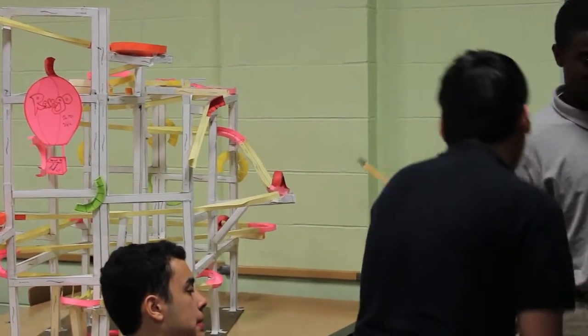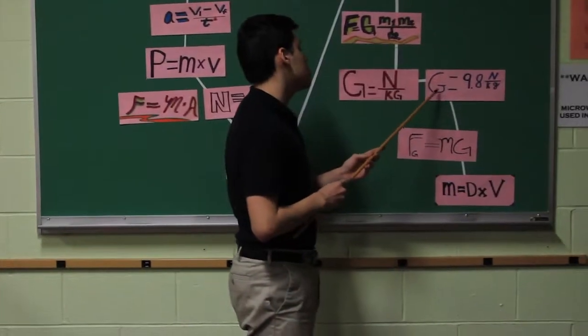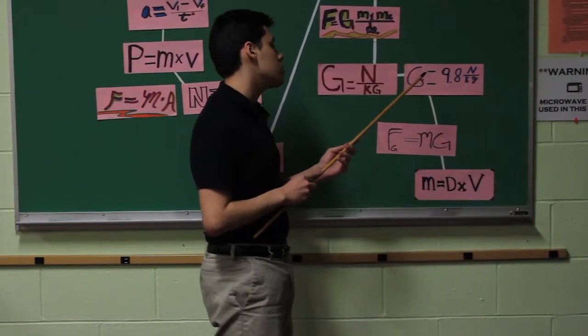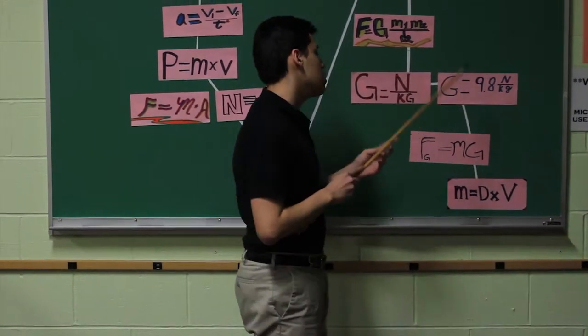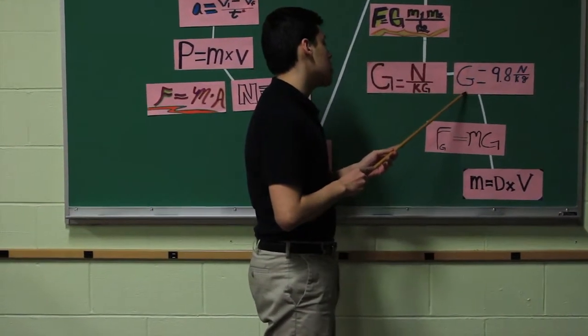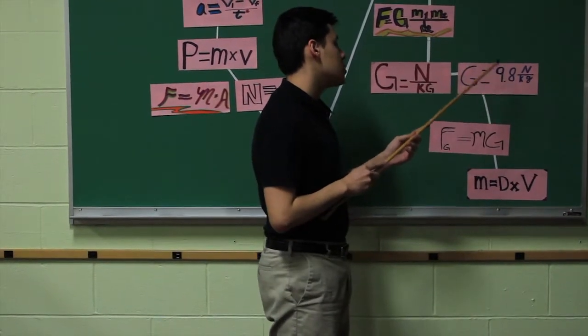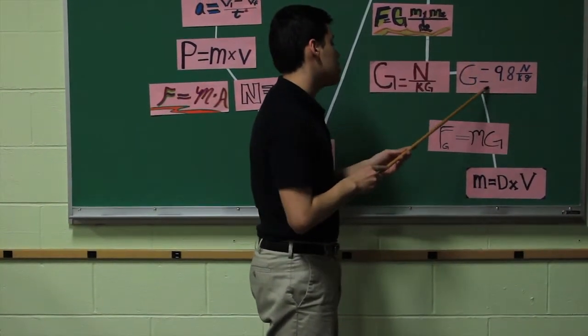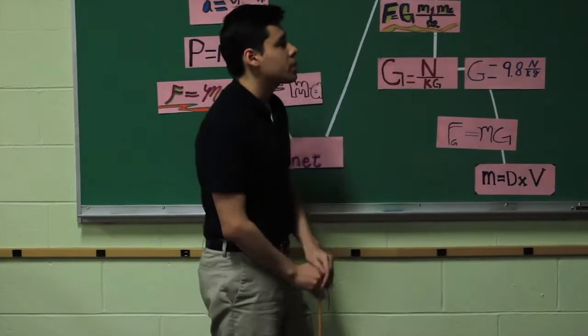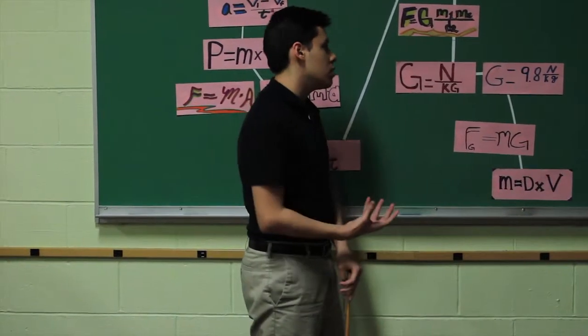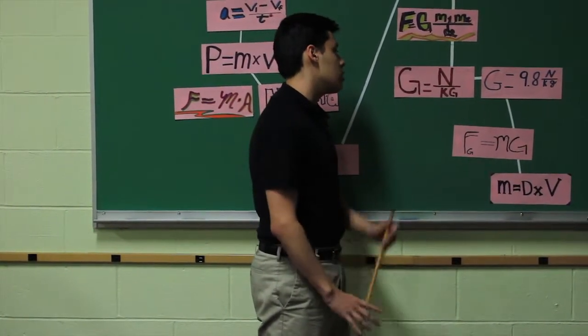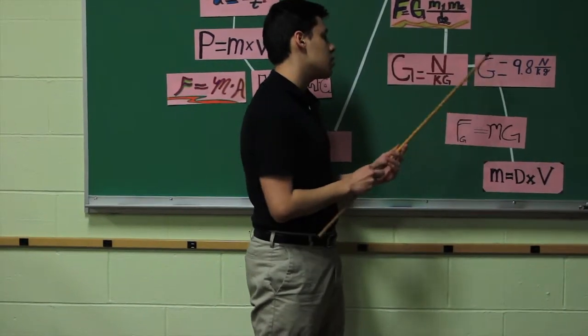What I have is G equals 9.8 N over kg, which basically means gravitational strength, 9.8 newtons over kg. For example, the earth has a gravitational strength.